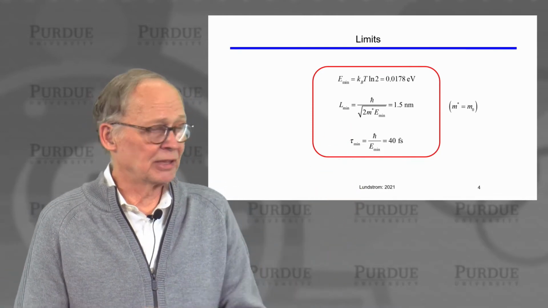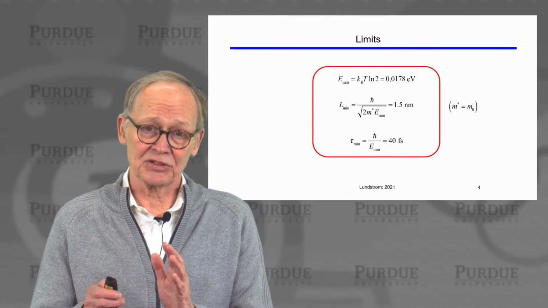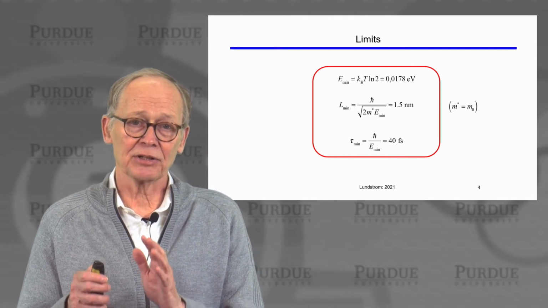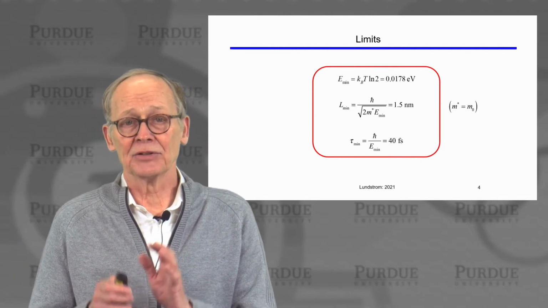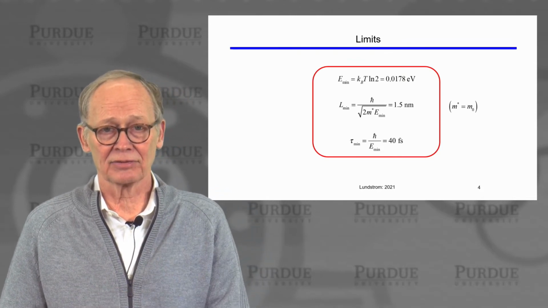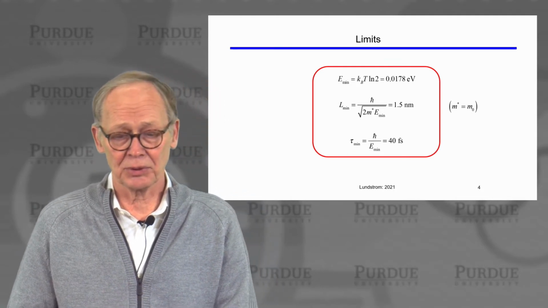We established a limit for the channel length. Basically, we said the channel length has to be long enough so that the energy barrier is thick enough under off-state conditions so that the electrons can't quantum mechanically tunnel from the source to the drain. Otherwise, the device is not off when it's supposed to be.